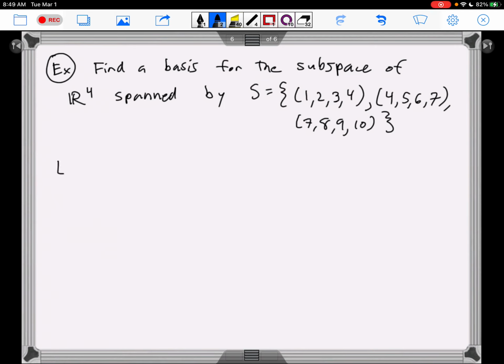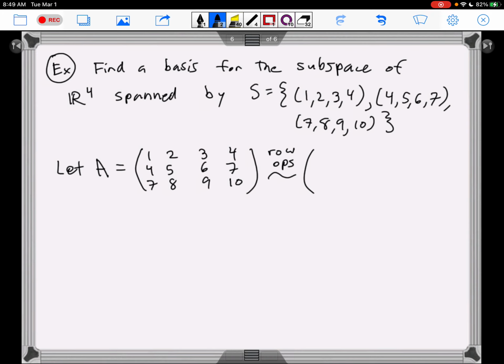So what do we do? Create a matrix A, and we're going to put those vectors as rows. First row will be the first vector, second row will be the second vector, third row will be the third vector, okay? And then, of course, use your row operations. I'm not going to show you all the steps here for the sake of time, but we end up with 1, 2, 3, 4, 0, 1, 2, 3, and then 0, 0, 0, 0.